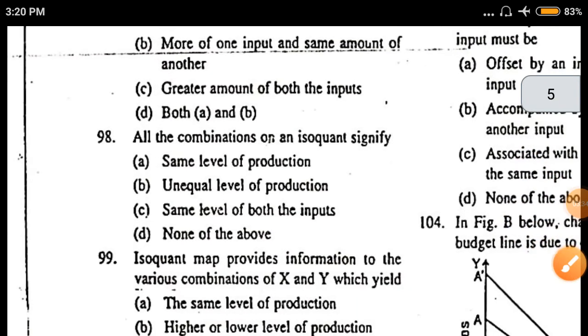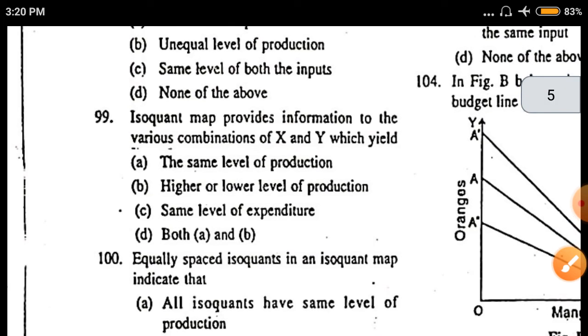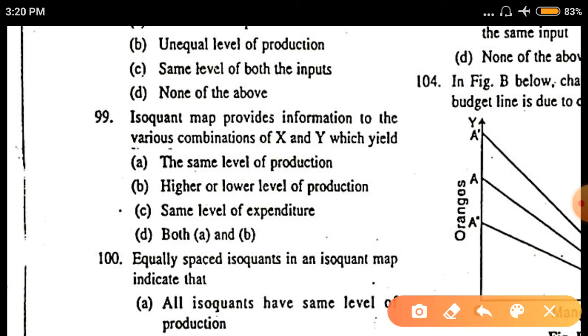Question number 98. All the combinations on an isoquant signify the same level of production. Option A. Question number 99. Isoquant map provides information on the various combinations of x and y which yield... Right answer is both A and B. That means same amount of production, higher or lower level of production.